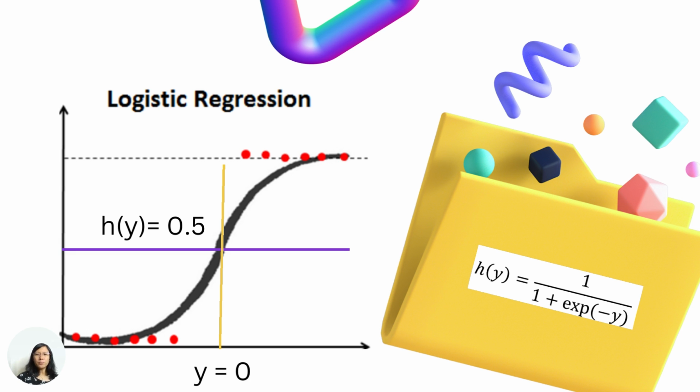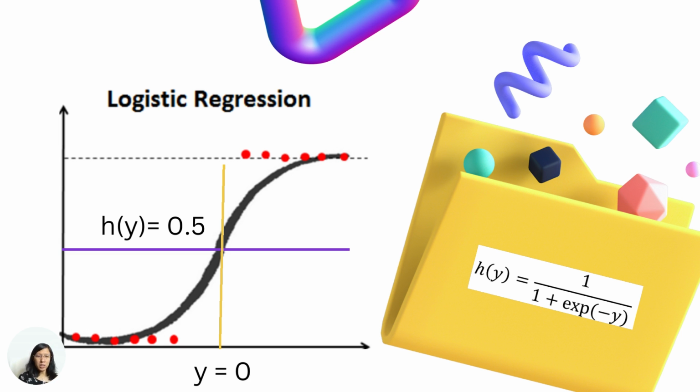If y is less than 0, if you look at the equation, exponential of minus y becomes exponential of infinity, which is very large, and then 1 divided by 1 plus infinity approaches 0. So if y is less than 0, your h of y will approach 0.